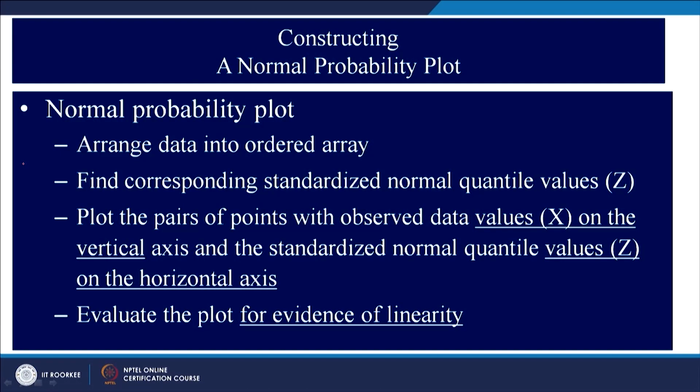For a normal probability plot, arrange data into an array, right, and find corresponding z values. So, you have, let us say, x1, x2 and so on up to x10, right. Corresponding to x1 and x10, you can easily calculate z1 and z10.